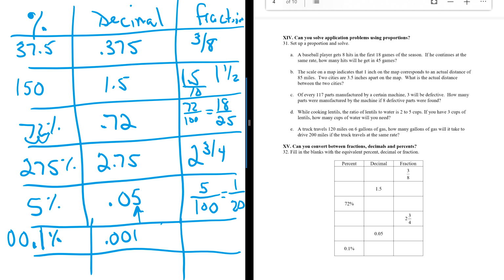And then as a fraction, I'm going to put this 1 over, what place value column is this 1 in? Tenths, hundredths, thousandths. So my denominator is 1,000. All right, and that's the chart. Pretty nice.